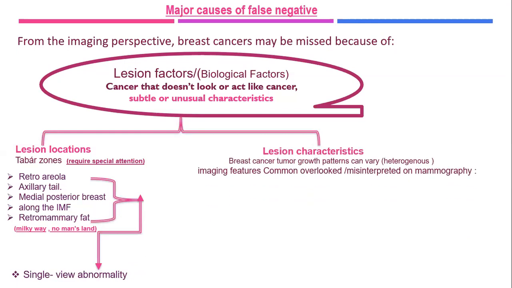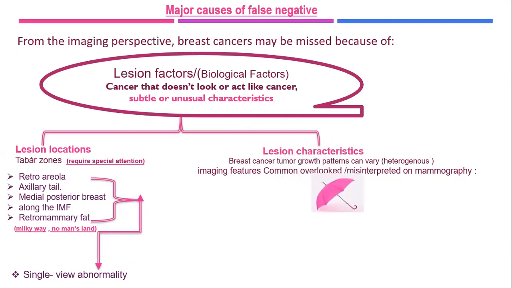As you know, breast cancer is a heterogeneous disease and does not always present with the same imaging appearance. It might have a different look that can result in overlooking or misinterpretation.